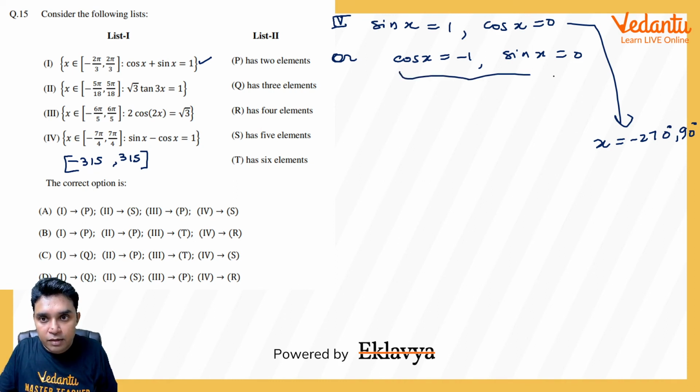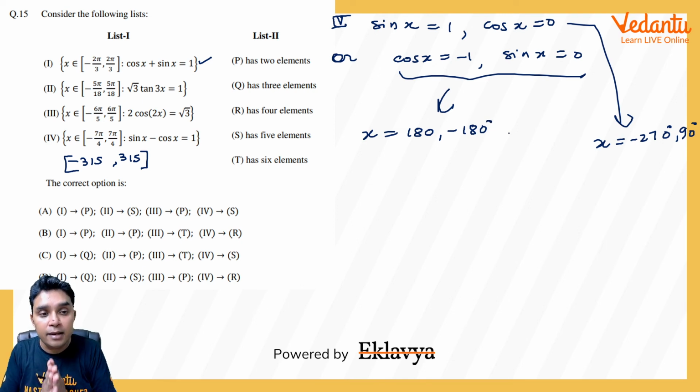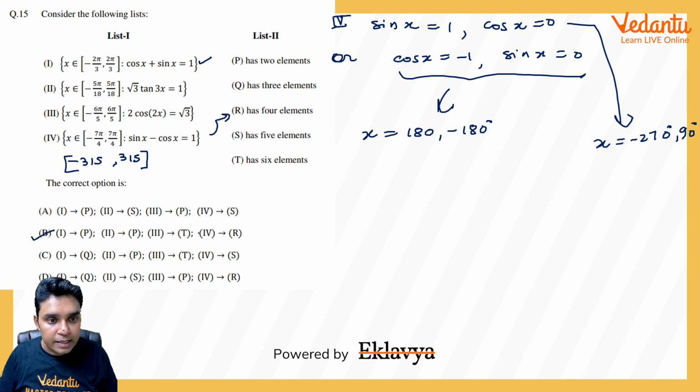Similarly, for this one, when cos x is minus 1, x will be 180 degree, or it can be minus 180 degree. There is no other angle where cos x can take value minus 1. You can check from the graph also. So here we are getting 4 values. So for this fourth one, it should be R, and we got B as the answer. So you can check fourth one is R. These 3 we have already checked.